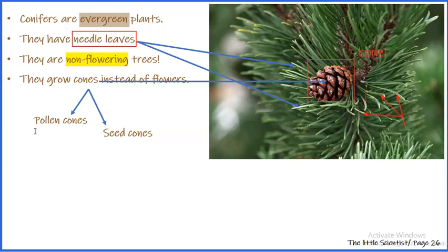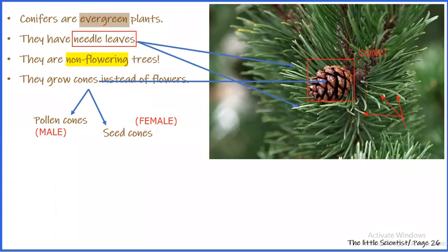As in the flowering plants, the male parts are the ones that produce pollen. So right here, the pollen cones are the male cones, and they are the cones that release pollen, while the seed cones are the female cones that hold the baby.